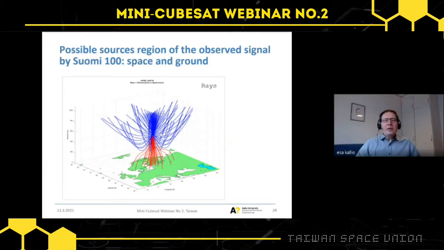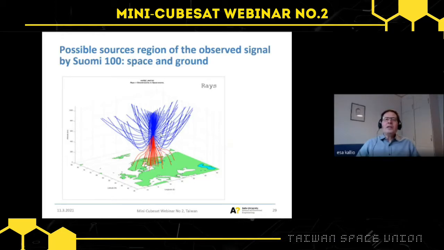For example, we have simple omnidirectional receiver antennas, so we don't know where the signal is coming from. Therefore, we have developed different tools to investigate where the signals can come from.